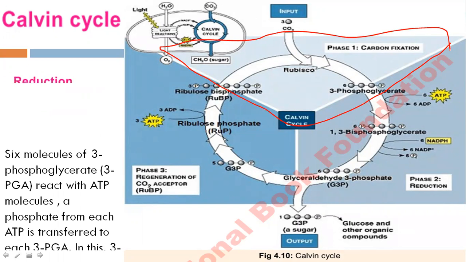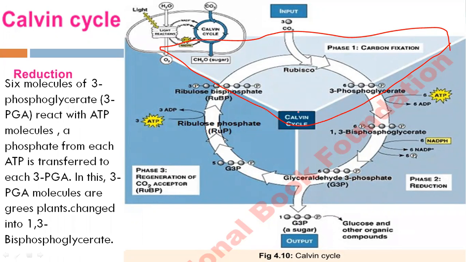Okay, next one, if we see reduction. What happened in reduction? 6 molecules of 3-PGA react with 6 ATPs and change into 1,3-bisphosphoglycerate.